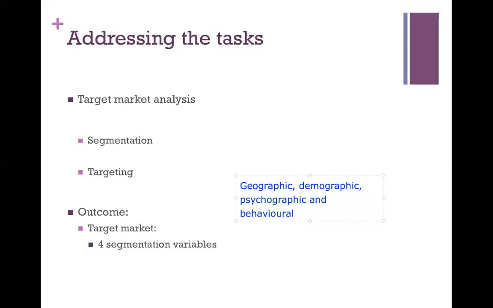It could be age, gender, income, education, marital status, language spoken at home, ethnicity, and so on. They are related to the census survey. So when you explain my target market is those who are highly educated, then you're using a demographic segmentation variable.